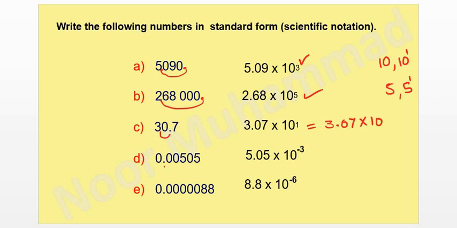Okay, now here the decimal has been moved here, so that's 3 places. Why is it negative? Because it's a very small number. It starts with 0. Okay, now here the decimal will reach here between 8 and 8. That's why 8.8. How many places? 1, 2, 3, 4, 5, 6 places. Why negative 6? It's a very small number.